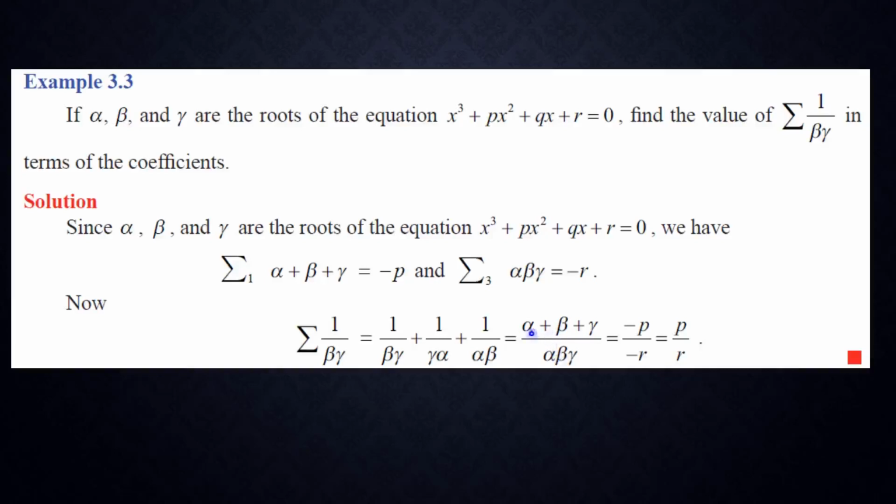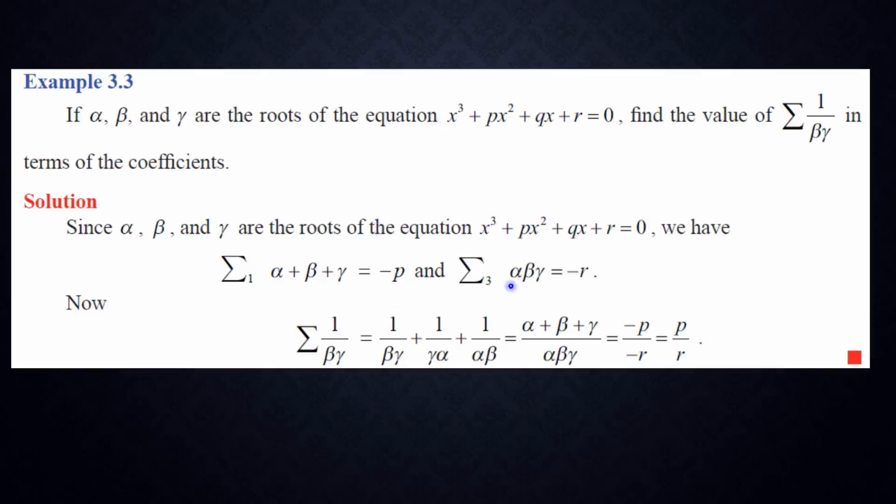So that from the given data I have to find the sum of the roots. Here sum of the roots means alpha plus beta plus gamma equal to minus b by a. Here minus b, for that we are having here plus p. Here instead of a we are having 1, so the answer is minus p alone.